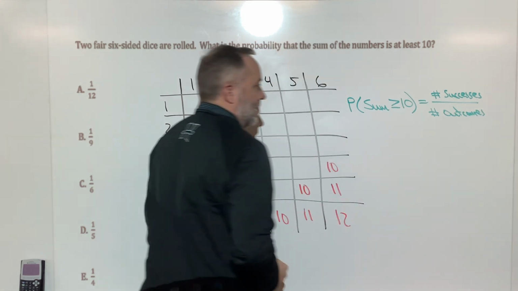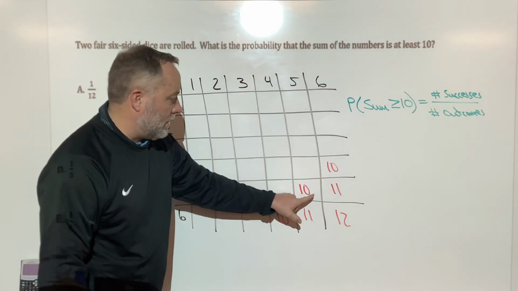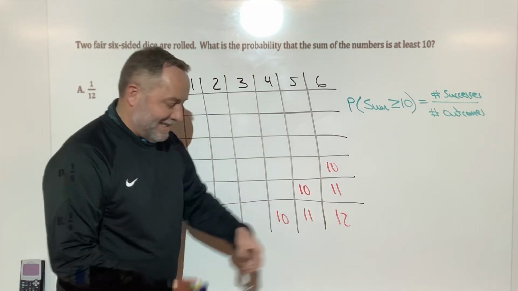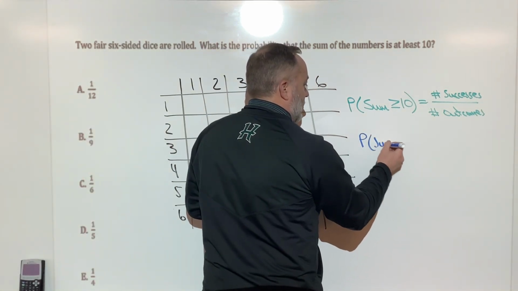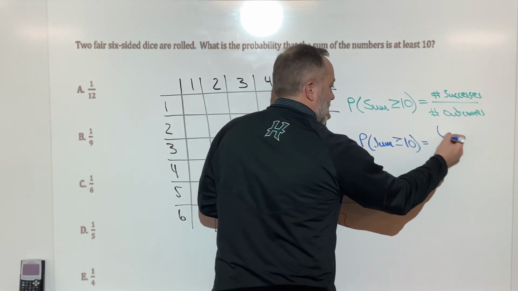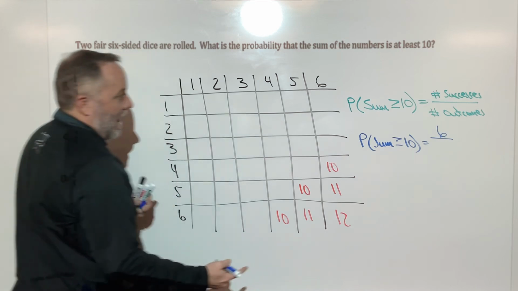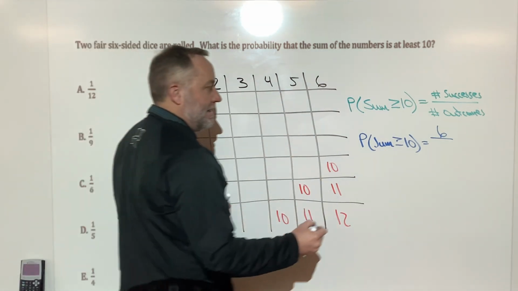So in this case, how many times could we get at least 10? There's 1, 2, 3, 4, 5, 6. So our probability that the sum is greater than or equal to 10 is 6 out of, how many total outcomes are there? Well, it's a 6 by 6, and so that's 36.